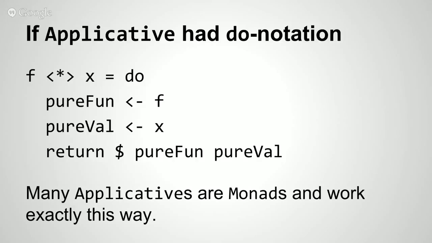Whatever side effects are in x happen, you get a pure x. And then you're returning the pure function applied to the pure value. And that's how applicatives that are monads work. That function for a monad is actually called AP, which is the same thing as the applicative app. It just has a different type constraint.